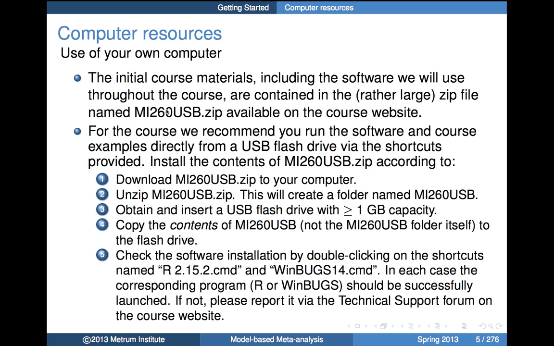Go ahead and unzip that file, and when you unzip that, it's going to create a directory called MI260 USB. Now, get a flash drive that has a capacity of at least 1 gigabyte and copy the contents of that MI260 USB directory to the flash drive. And just a reminder here, copy the contents of that folder, not the folder itself.